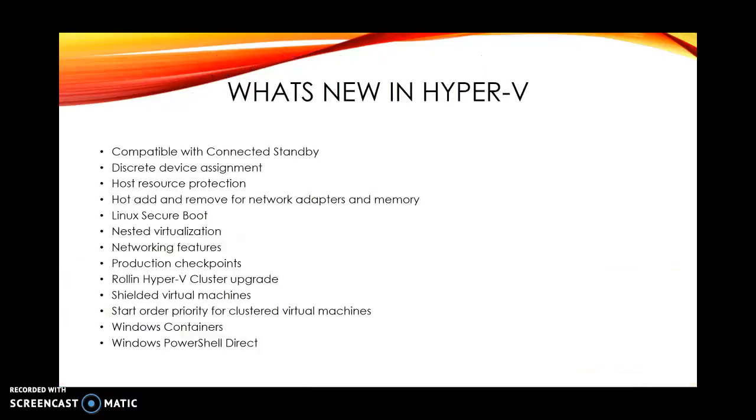Here's a list of new features in Hyper-V. This list contains compatibility with Connected Standby, Discrete Device Assignment, Host Resource Protection, Hot Add and Remove for Network Adapters and Memory, Linux Secure Boot, Nested Virtualization, Networking Features, Production Checkpoints, Rolling Hyper-V Cluster Upgrade, Shielded Virtual Machines, Start Order Priority for Clustered Virtual Machines, Windows Containers, and Windows PowerShell Direct.